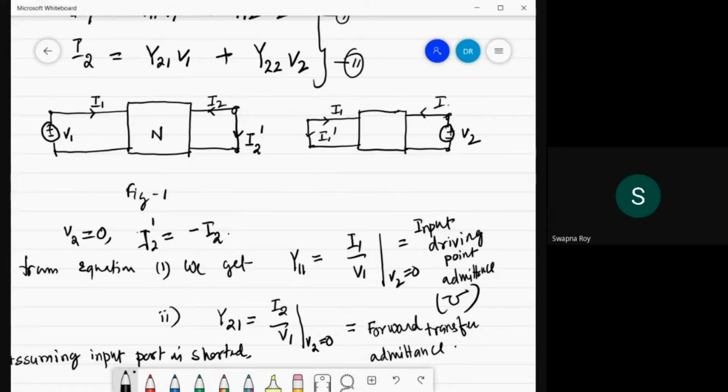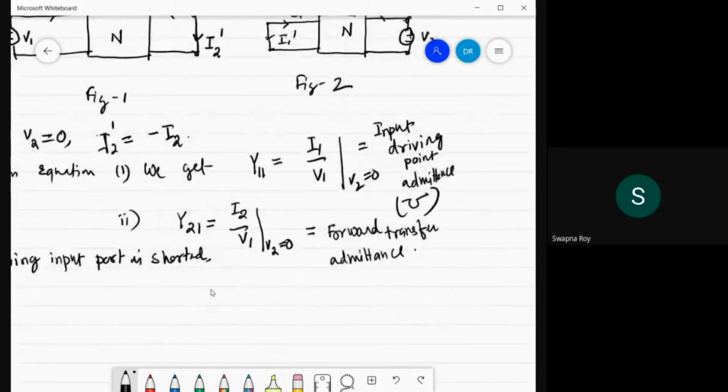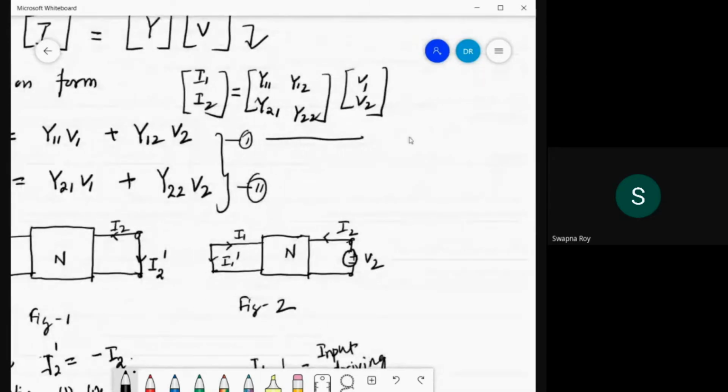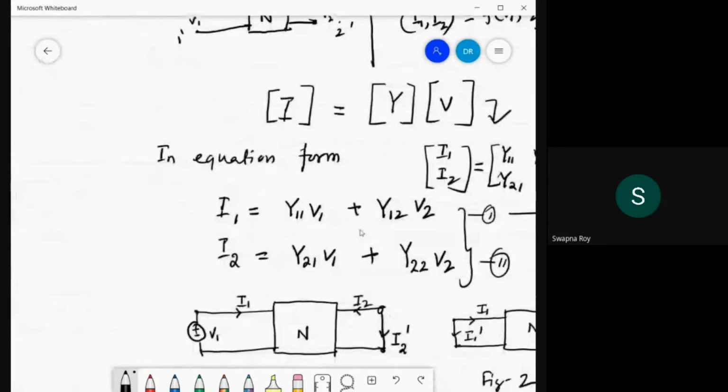So this is I2, figure 2. As input port is shorted means V1 is equal to 0. So I'm putting V1 equal to 0 in equations 1 and 2. So what will I get? The values of Y12 and Y22.